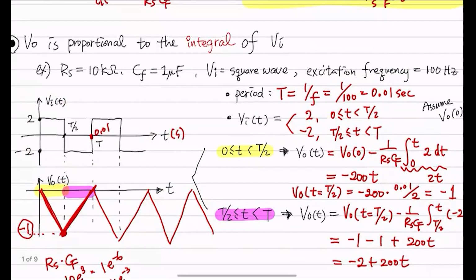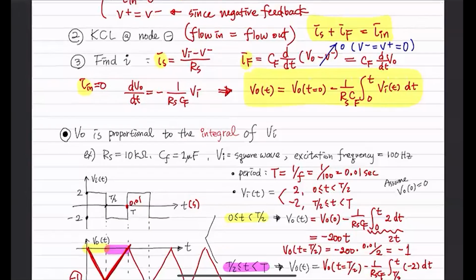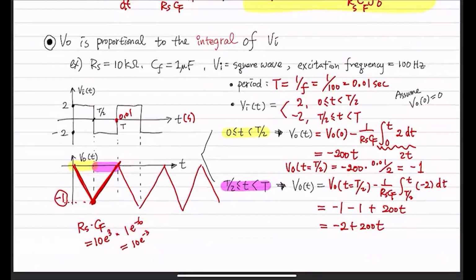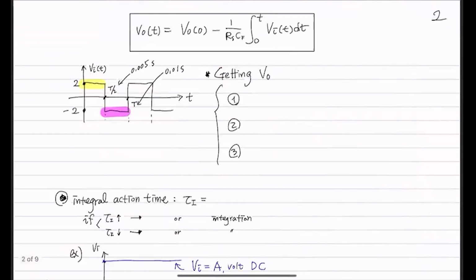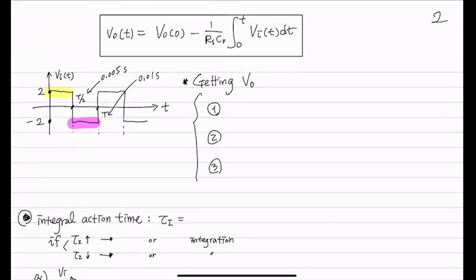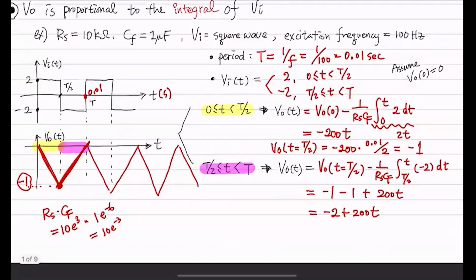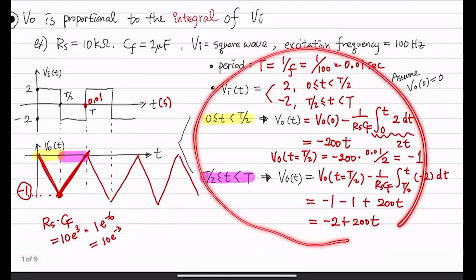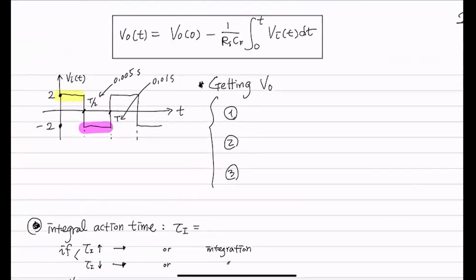Okay? So that's what we want to see from this kind of circuit. If we move on to the next page, I showed you how to mathematically solve this thing to get the waveform coming out, but I value this as more important. You want to guesstimate what's going to happen, right?